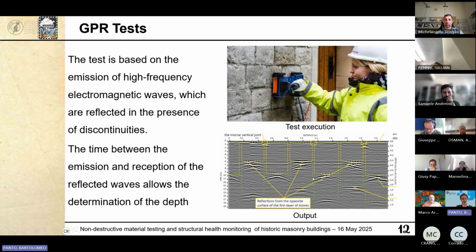But again, it's very helpful to see the quality of the material we have within the wall, and how far this material is from the external part. So this is the geometrical information that in the end we get from GPR and the echo test.